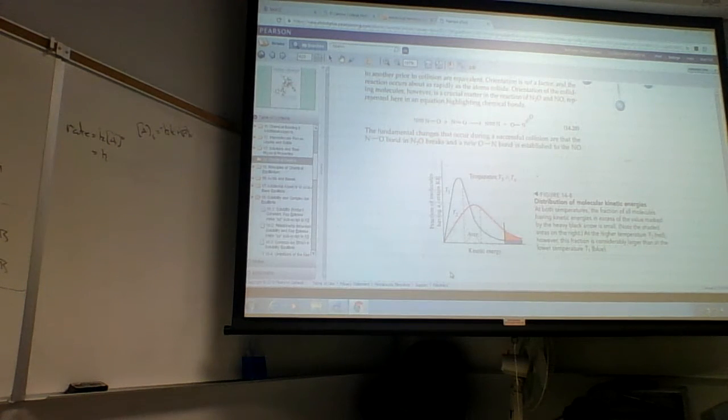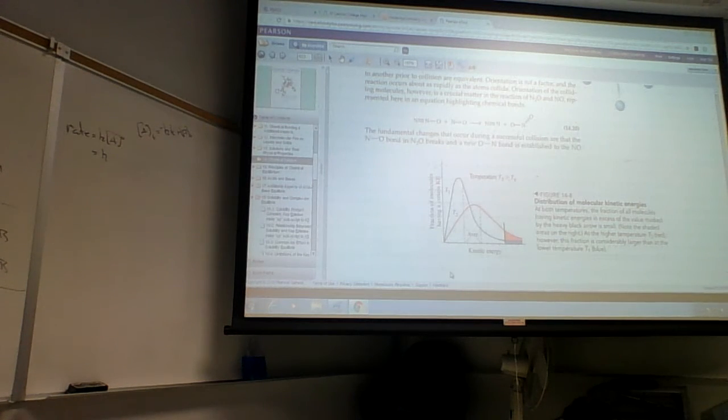One, it's going to change based on temperature. The higher the temperature, the bigger the population. So if I increase the temperature, I'm going to flatten this out. This will be T2, this will be T1, T2 is greater than T1. So the higher the temperature, the bigger the population. This is inverted, so it's funny when you look at the math.